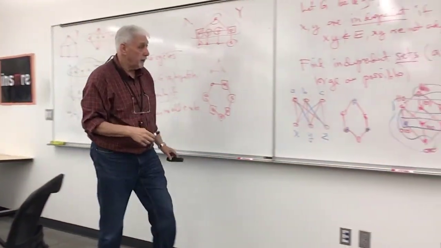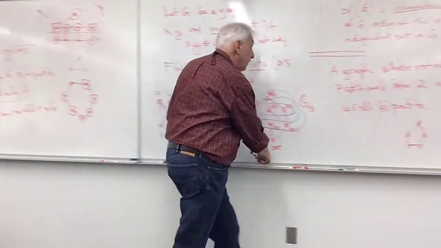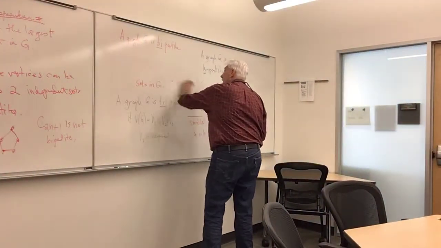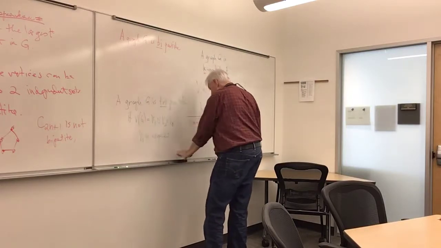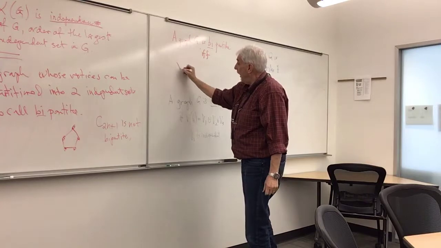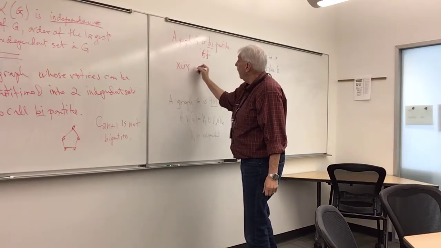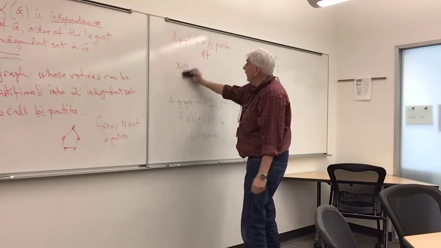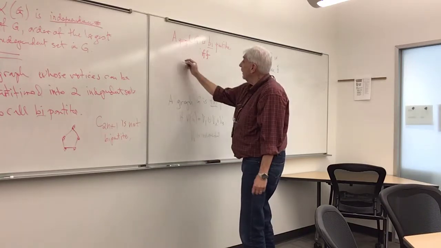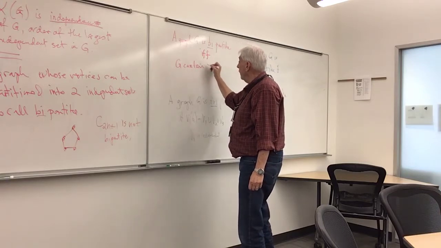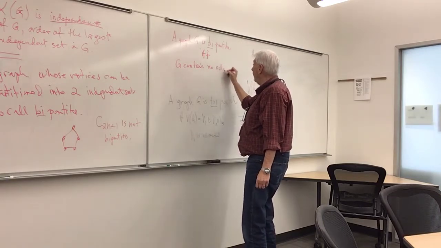A graph G is bipartite if and only if G contains no odd cycles.